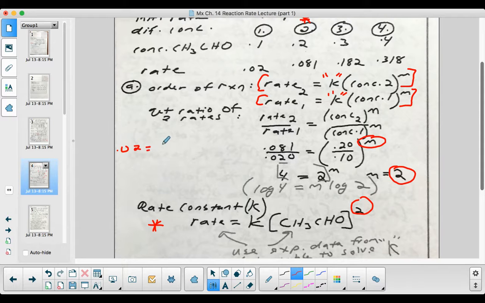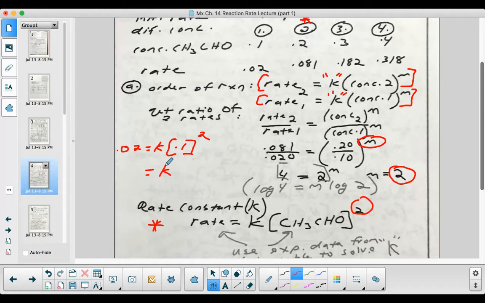So 0.02 equal to K, plug in the concentration in that first trial, raise it to the second power. And now you should be able to calculate from that what your K value is.